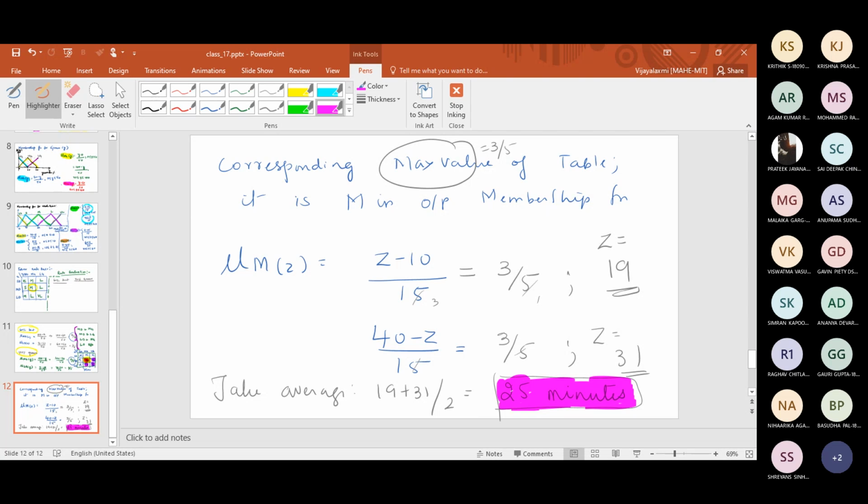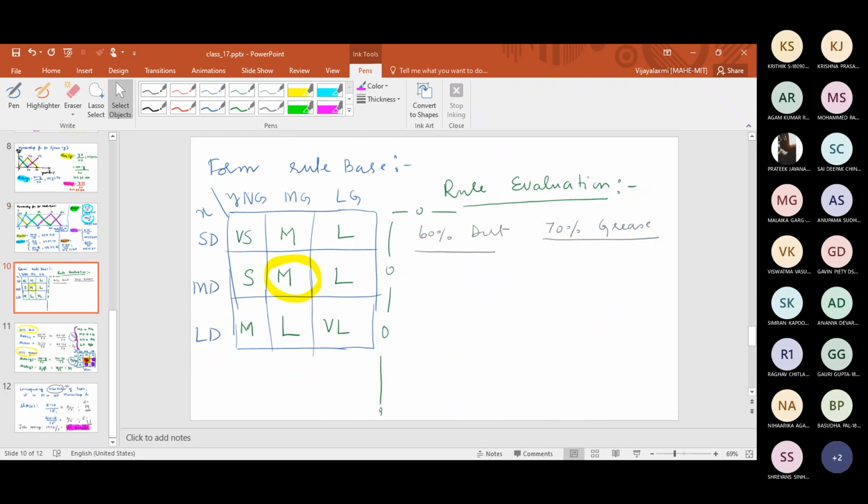This is the complete solution of the given problem. I just took a real-time problem so that you understand how we normally do it manually when designing and validating. If you use the toolbox, it will be very simple. You only have to feed up to this. That's all.